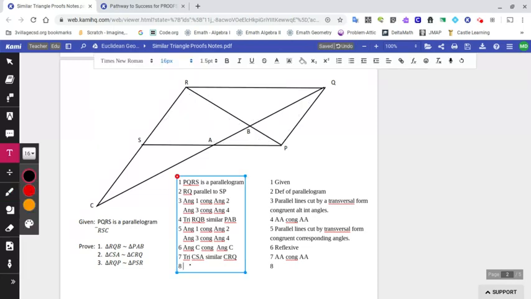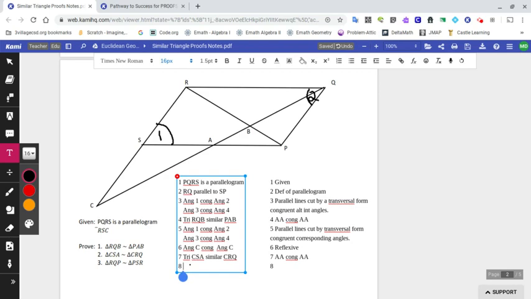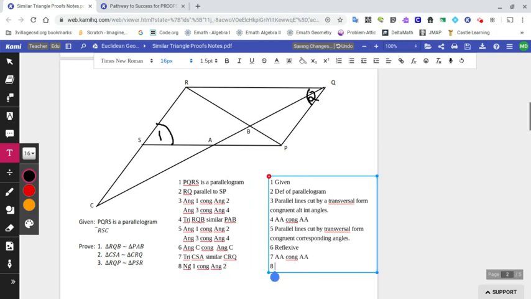Okay, so for these triangles, I can do this. I'm going to call this angle 1, and I'm going to call this angle 2. And I can say angle 1 is congruent to angle 2 because, again, this is now a property of the parallelogram.